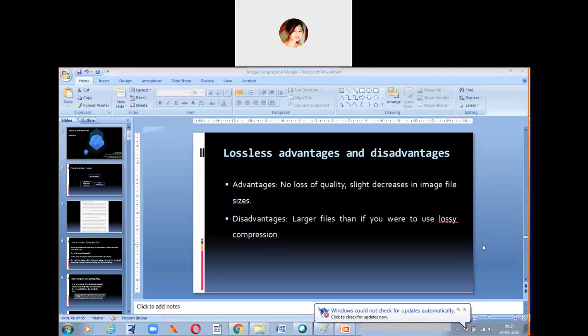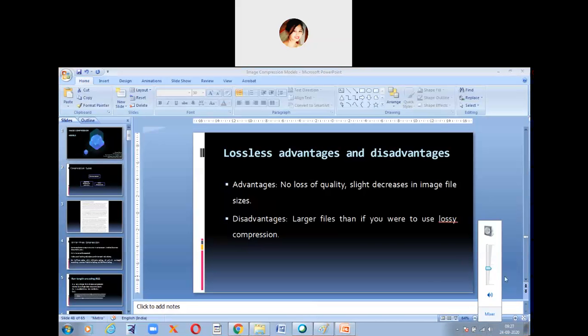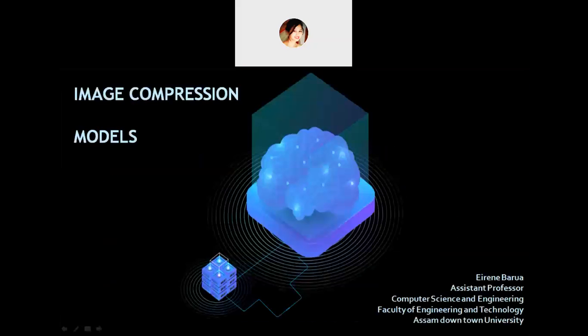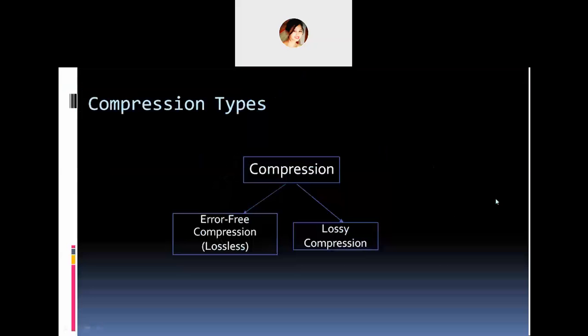Then I can take up in my mobile. At any time it may go off today. It's giving a lot of problem today. Anyway. Can you see my screen, guys? Yes, ma'am. Okay.